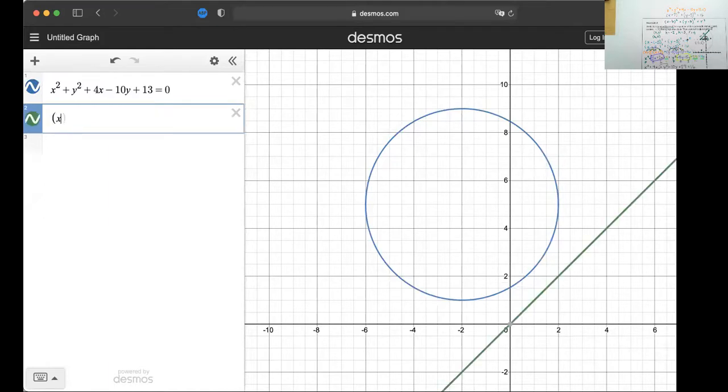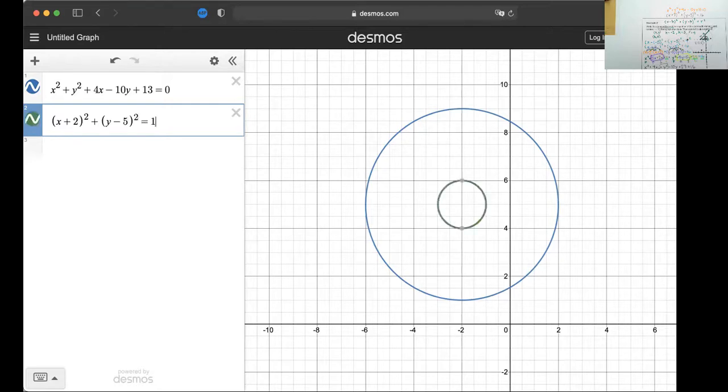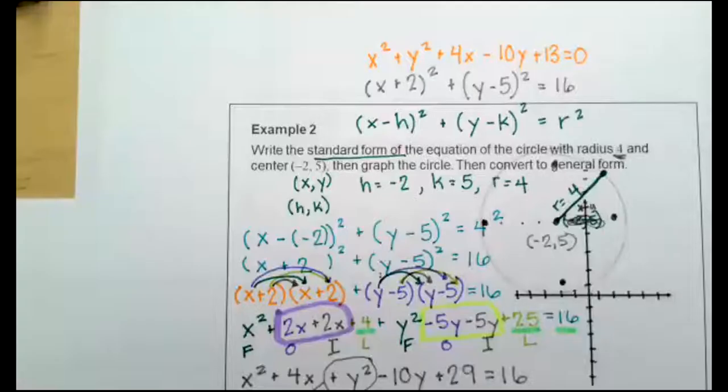It was x plus 2 squared plus y minus 5 squared equals 16. So that is the same circle. All right, example 2 is done.